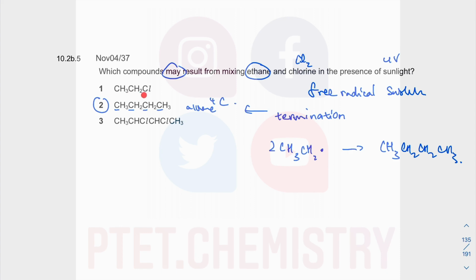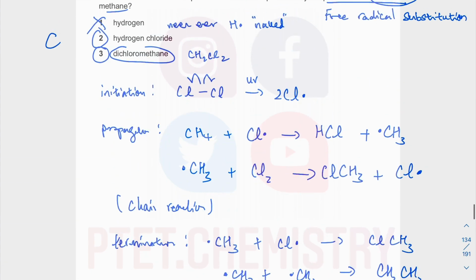This is just a single substitution product from ethane. You substitute a hydrogen. So I could do a propagation, for example. CH3CH2 dot plus Cl2. How do I get to this stage? You can look back at the previous question. To go to that stage, you need to react with the chlorine radical.